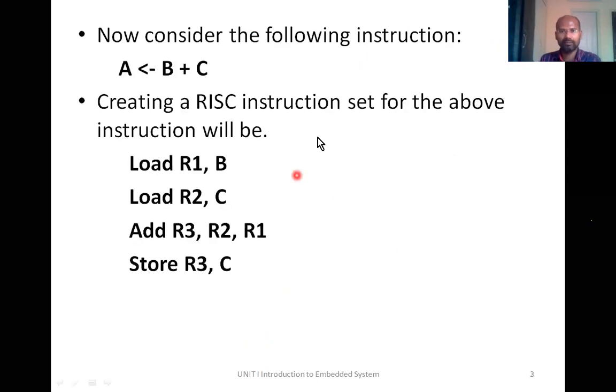Now take this example, you may understand why it is called load store architecture. This is the operation that we want to perform. A = B + C means we want to add the contents of B to the contents of C and store that result in A, where B is one location in the memory, and C is another location in the memory.